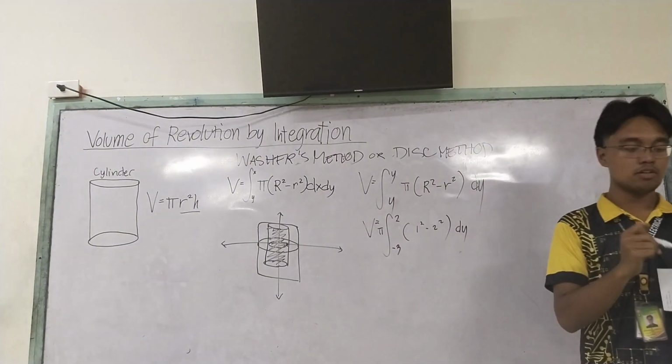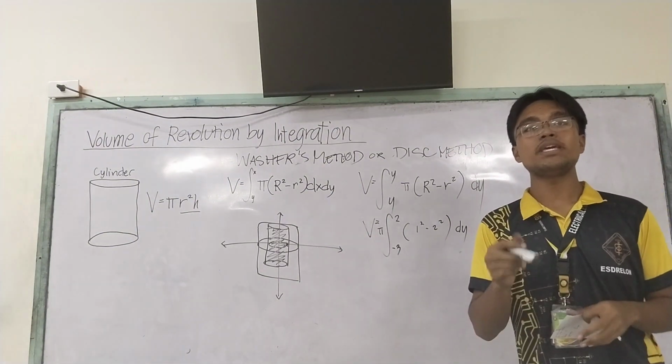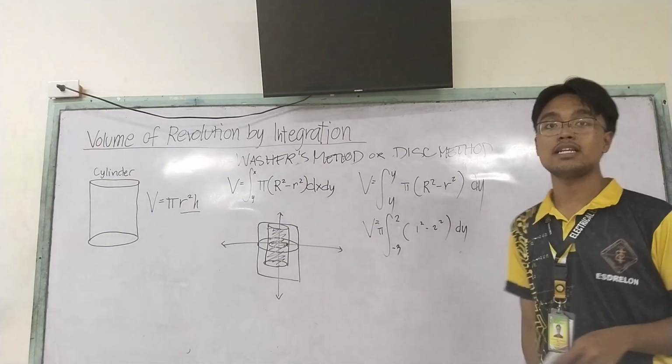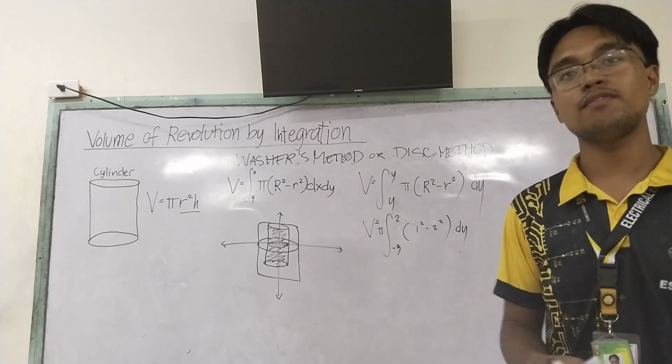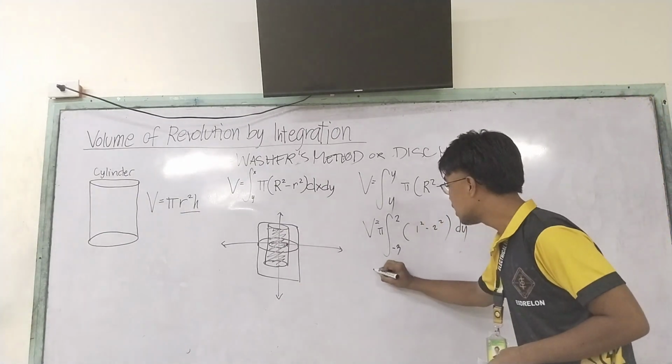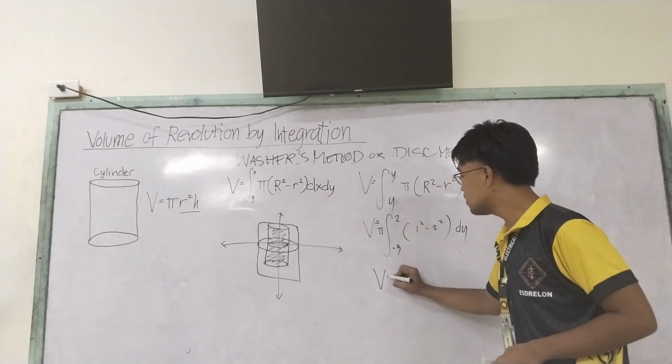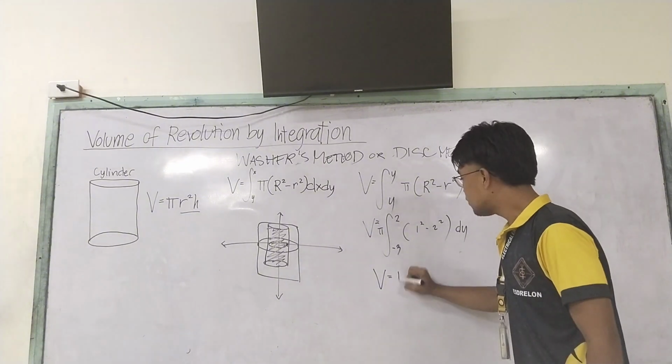In this equation, we can simply put it in the calculator and get the value. The volume of this cylinder is 15 pi.